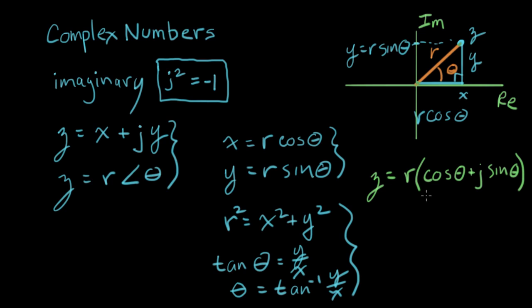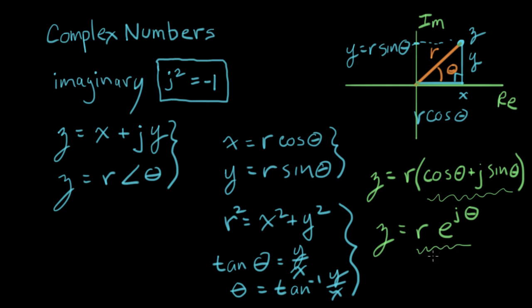Now if you look closely at this expression, we recognize this as one side of Euler's formula. And using the other side of Euler's formula, I can rewrite z as r times e to the j theta. This is called the exponential form of a complex number. What does this mean?